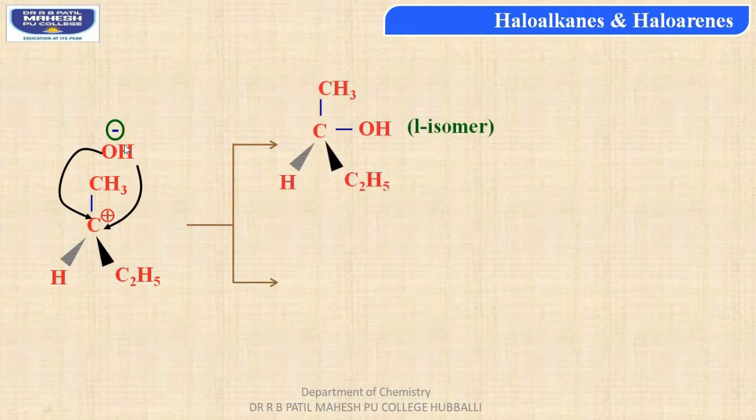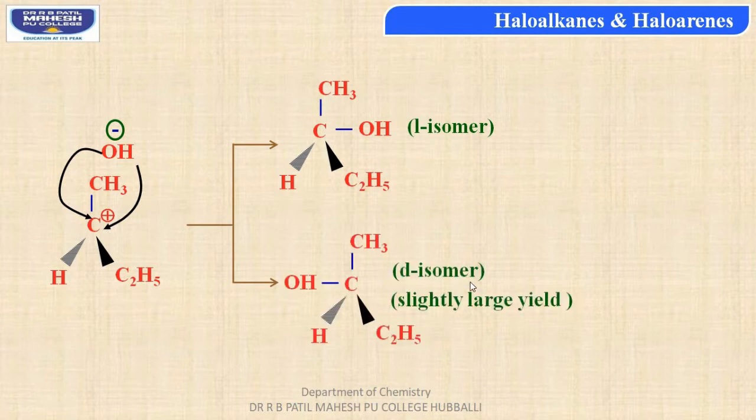For example, when OH minus as a nucleophile attacks from the front side of the molecule, then you get the levorotatory isomer. Whereas students, if OH minus attacks from behind the plane, then you get the dextrorotatory isomer.